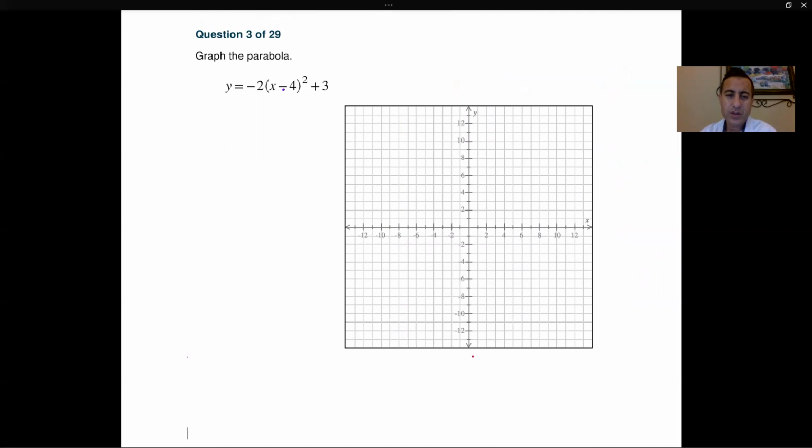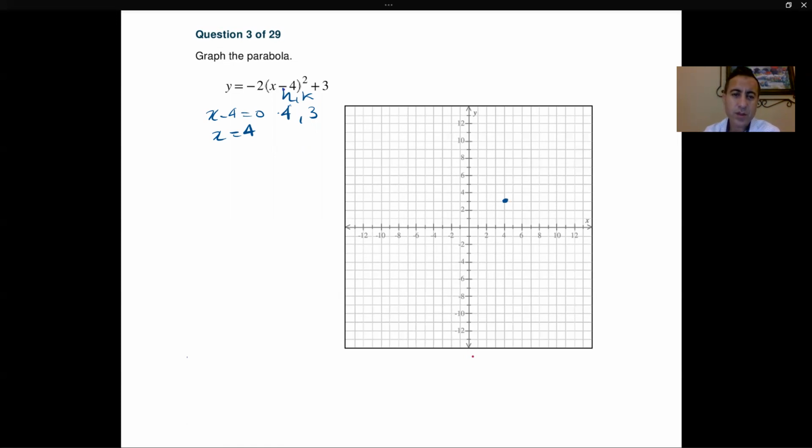So if we just did this, then we know this (h, k) is (4, 3). Of course, why is it not -4? Because x minus 4 equals 0, or the graph shifted right by 4 steps. So let's put that here for 3.